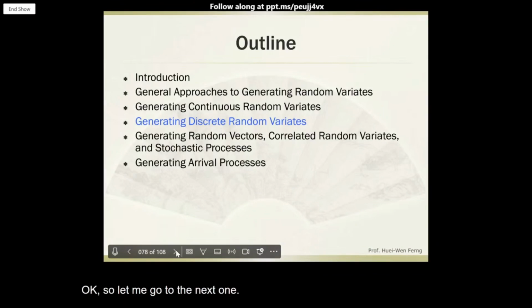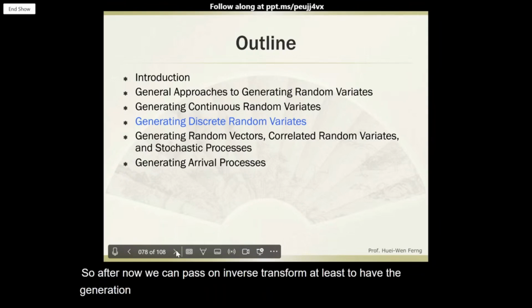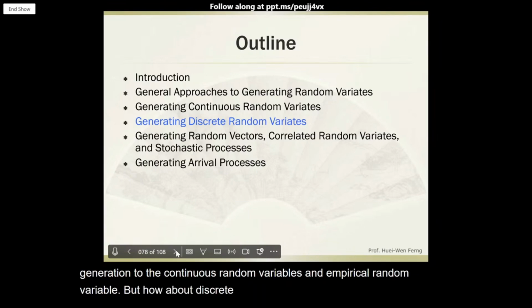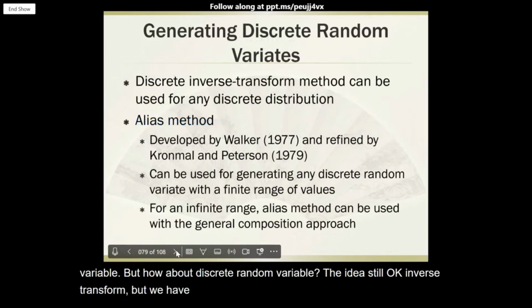So up to now, we can pass on inverse transform as this to have the generation of continuous random variables and empirical random variables. But how about discrete random variables? The idea is still okay, inverse transform, but we have some special treatment.